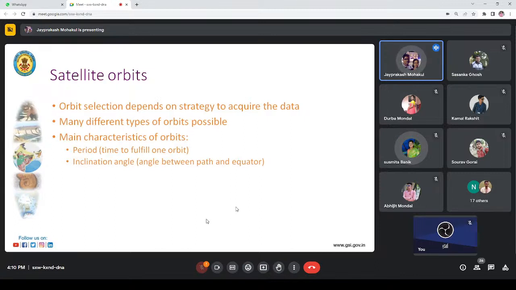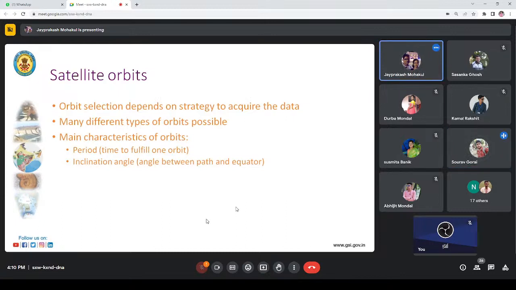And then, what about Earth's own satellite? I mean, Earth has a satellite, no? Yes, sir, the Moon. So how does it move? It moves around the Earth, isn't it?